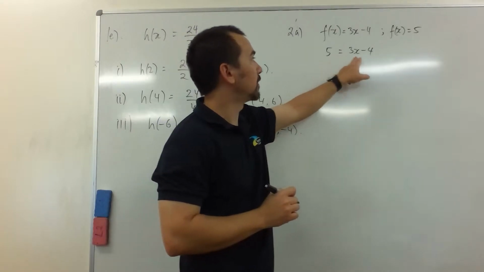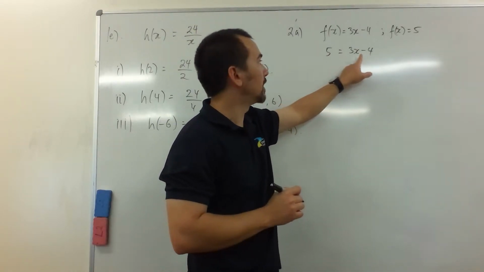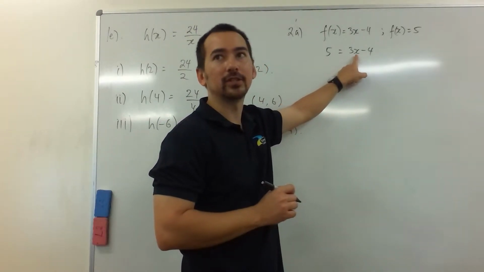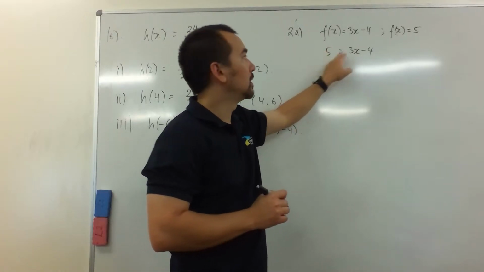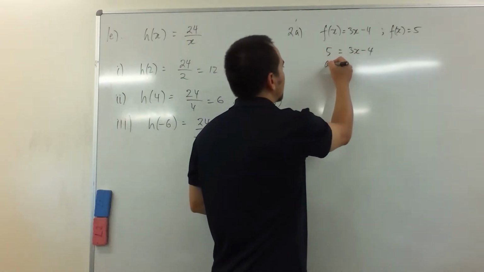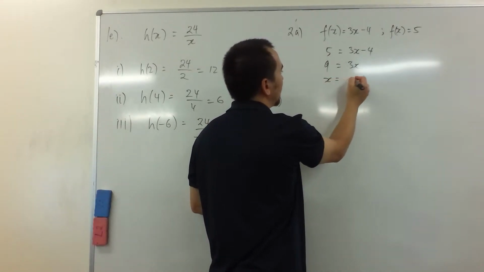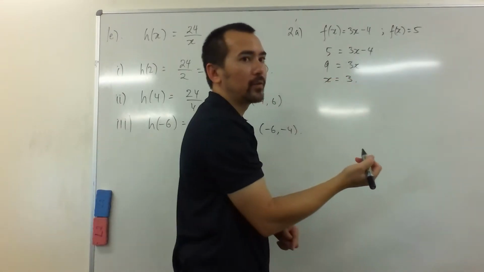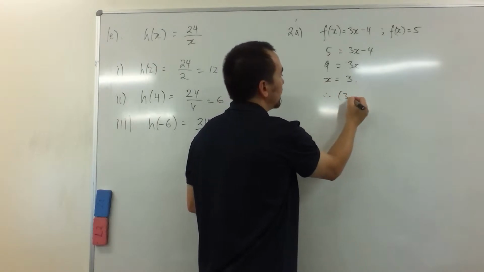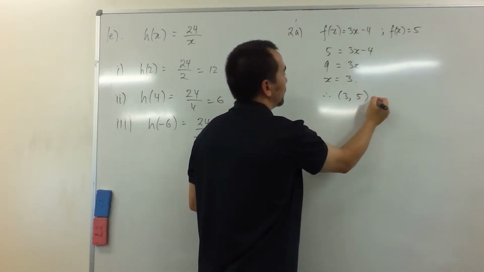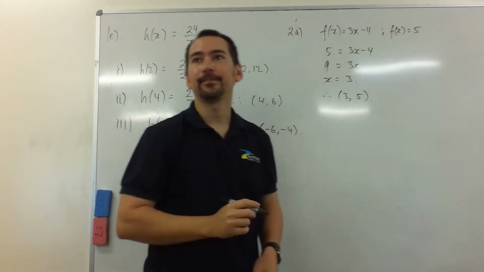And so 5 is equal to 3x minus 4. We can solve for all the values when x makes this entire function 5. Bring the negative 4 over, this becomes 9. Divide both sides by 3, and we get x is equal to 3. So therefore, when x is 3, the function will be 5. Okay.